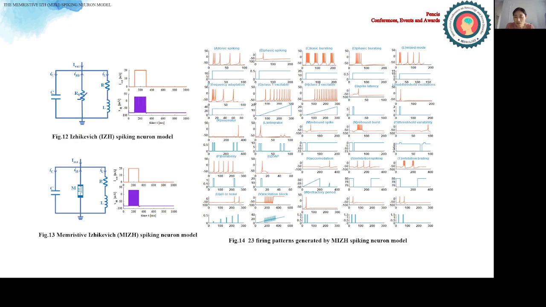And the MIZH spike neural model performs high firing frequency. When different external stimuli are applied to the MIZH spike neural model, it can generate 23 firing patterns.